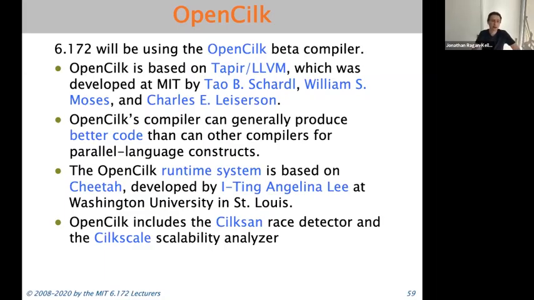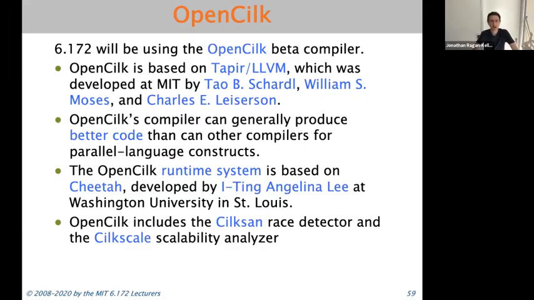So OpenSilk is based on a project that started, I don't know, 6 years ago, something like that, here at MIT by T.B. Schardl, who has taught previous iterations of this class, Billy Moses, who's currently a PhD student here, and Professor Leiserson. The big push in OpenSilk has been advancing the state of the art in what kind of compiler optimizations can apply to parallel code by pulling notions of parallelism into the LLVM IR.